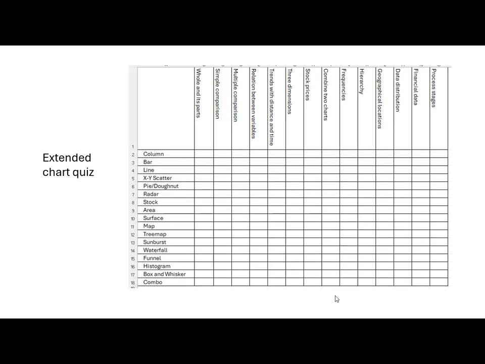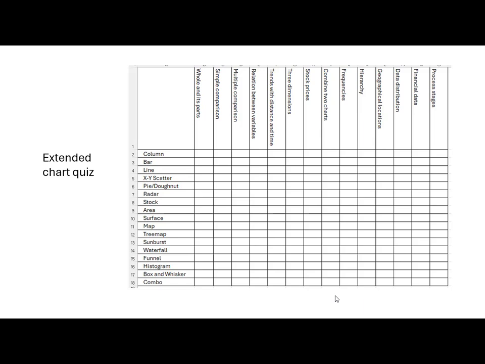This is an extended chart quiz that I give to my students that includes not the old types of charts and data, but the whole thing, including the types of charts after 2016, starting from column and ending with combo and box and whisker.